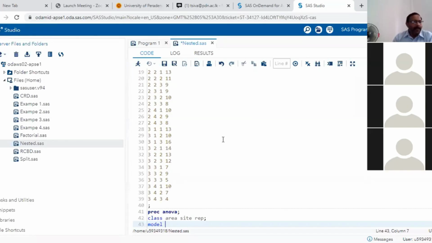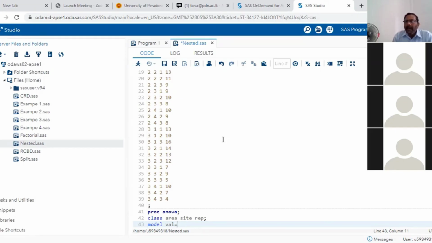So how can we write down the model? Definitely the y variable, which is value here, I will put it as VAL, is equal to. Look at your model, look at your ANOVA, and tell me how we can write the model.